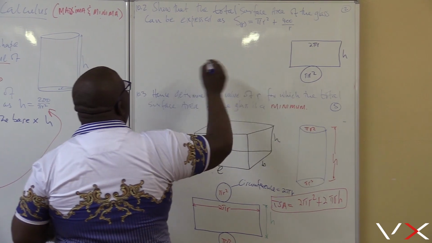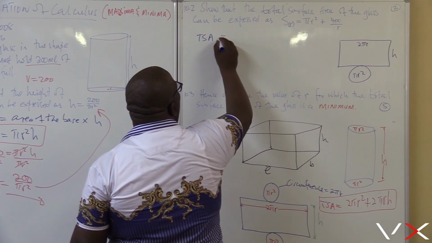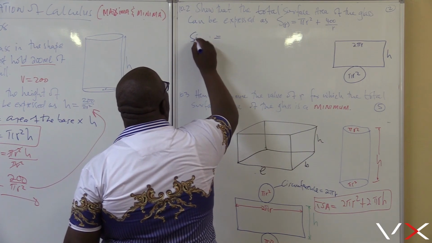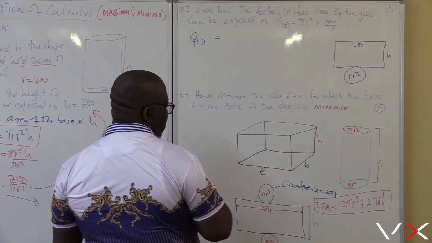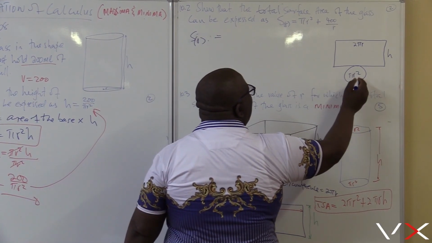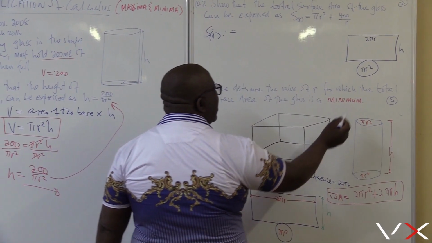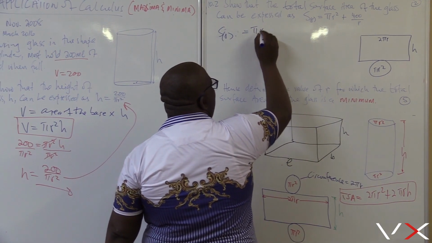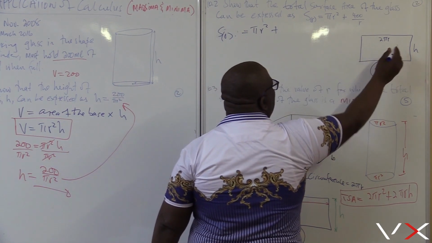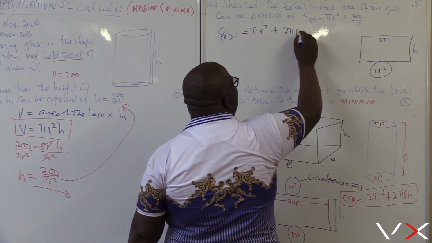So the total surface area of the drinking glass will be equal to, let me just write it as they've expressed it. The surface area in terms of r will be equal to this part here. Unlike this one, where there were 2 pi r squared, in this case it is only 1, which is pi r squared, plus this one, 2 pi rh.